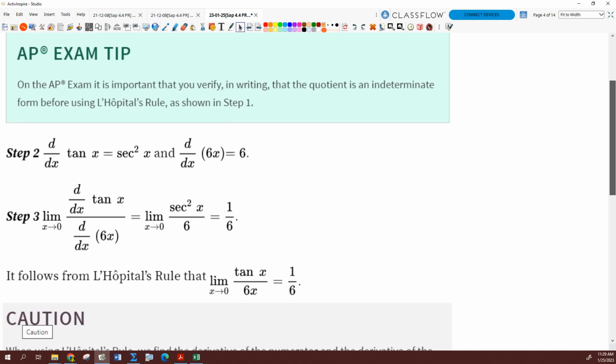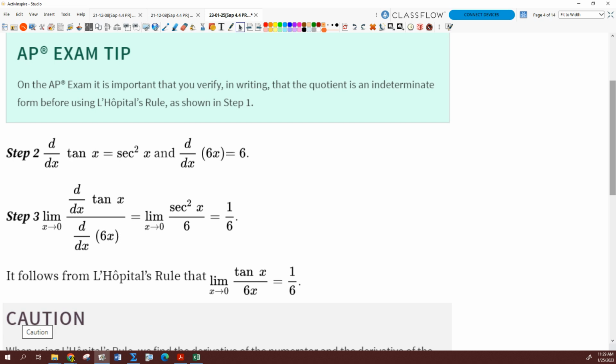The derivative of tangent x is secant squared x. The derivative of 6x is 6. And so now we've got secant squared x on the top and 6 on the bottom. If I evaluate that limit as x approaches 0, what's the limit of secant squared x as x approaches 0?